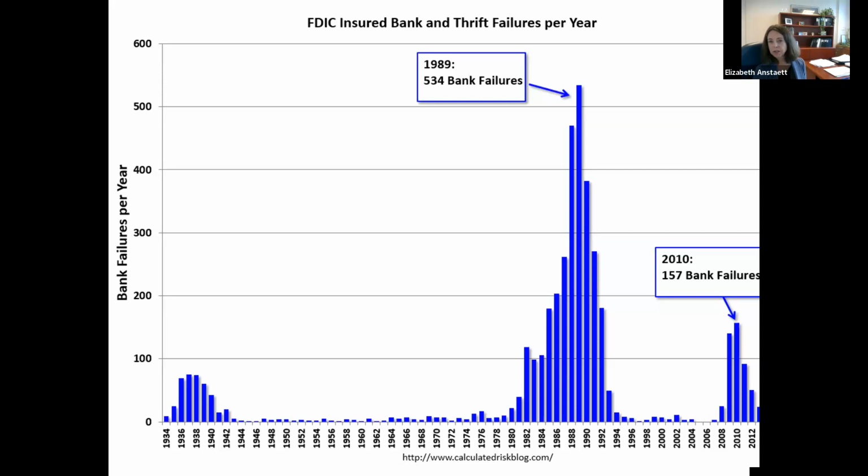If you saw a chart that showed you the assets, you would see that the financial crisis in 2008, although it involved fewer institutions, involved far more assets than the savings and loan crisis. But those institutions tended to be very small, and there were many, many of them that failed.